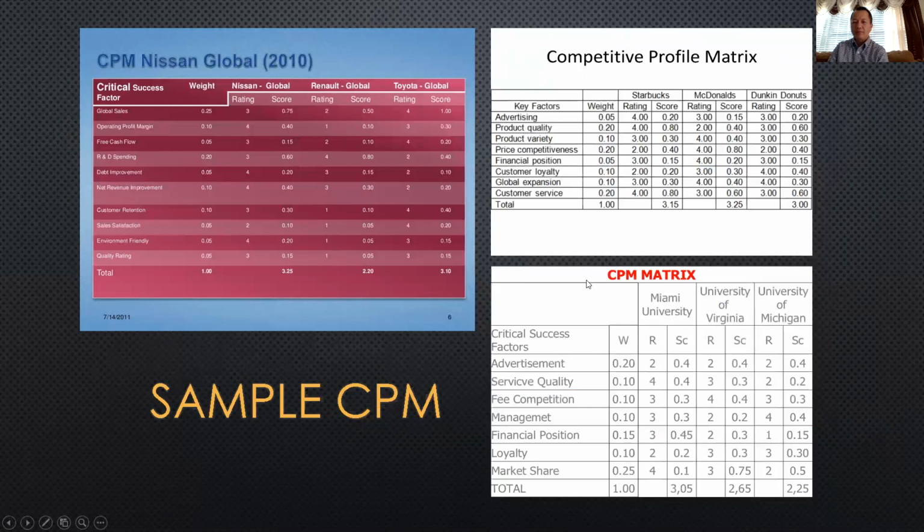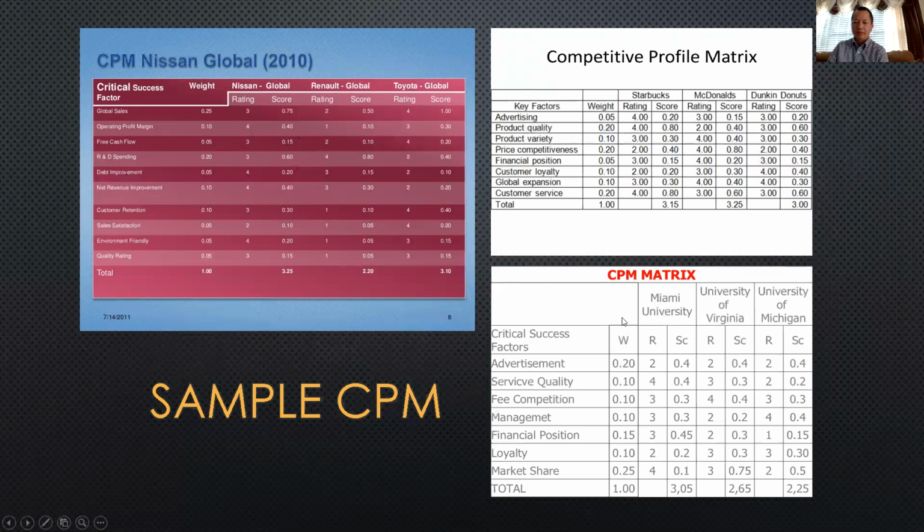So here are some examples that I found that were done using the CPM tool. So here's Nissan, comparing Nissan to Renault to Toyota. Here's a competitive profile matrix, or CPM, of Starbucks, comparing Starbucks to McDonald's, Dunkin' Donuts, and another one. And you can do it for any company, institution, or organization.